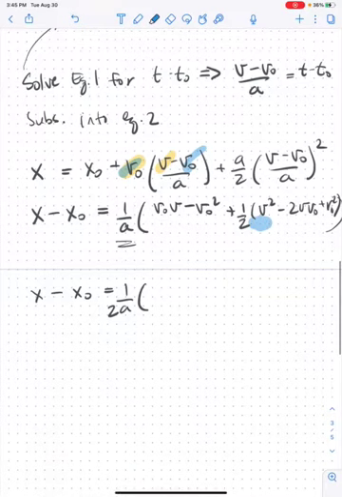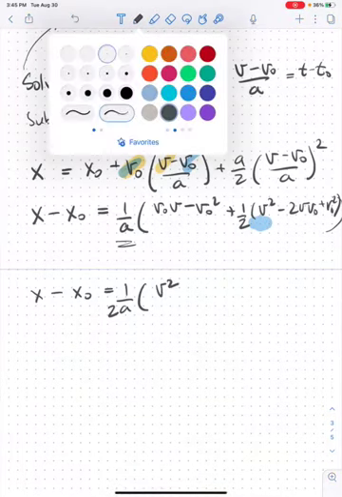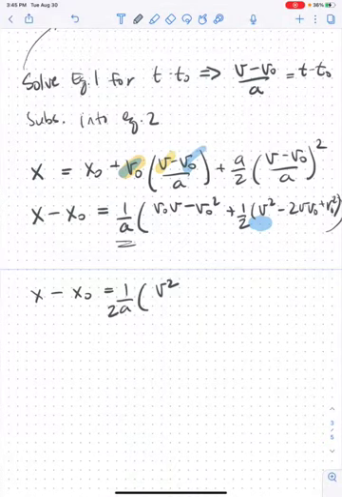Okay, so this is v squared. And then I've pulled out my factor of 1/2 this time. So I've got v naught v minus v naught v, so those cancel out.